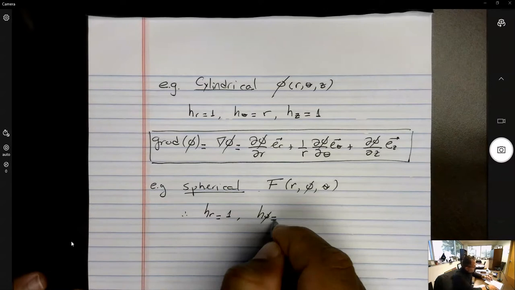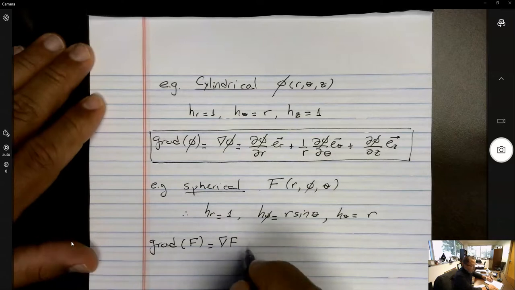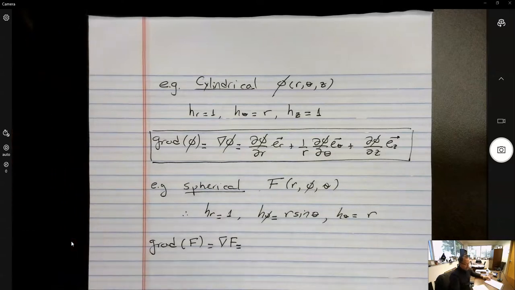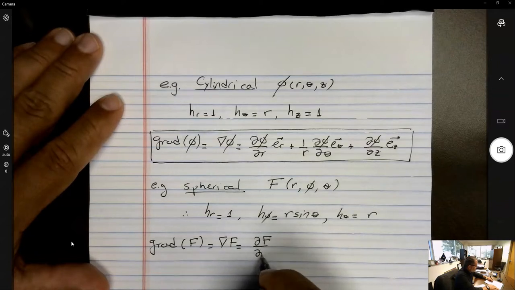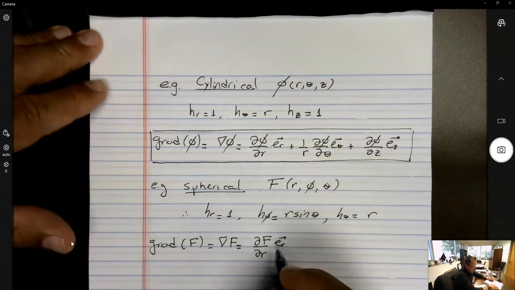Right? So if I need to take the gradient of this function f, which is del f, okay, then the operation will imply, well, take the derivative of f with respect to r in the r direction.